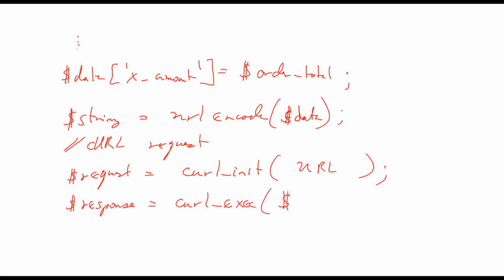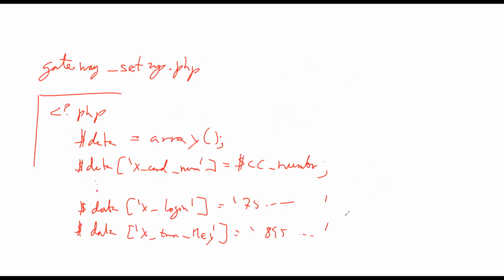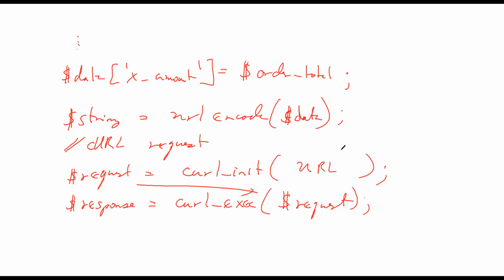And then what do you execute? You will execute that request. Right, so you're going to execute the request. And basically the request should be tied to everything, to the string and so on, and you send that along to authorize.net. So that's basically the general idea of how the code works. As you can see, it's just really an array, fill in some parameters, link it, do the encoding, link it to the request.